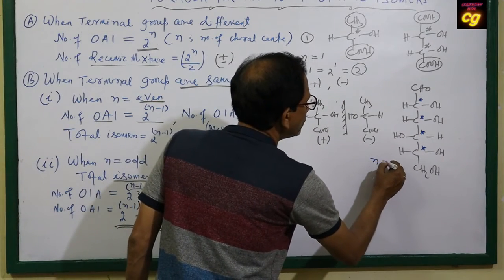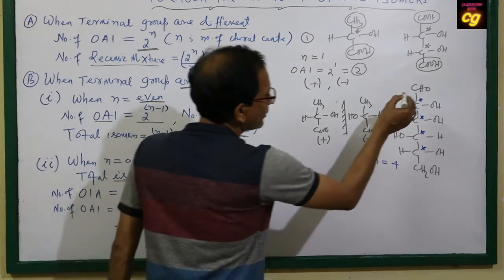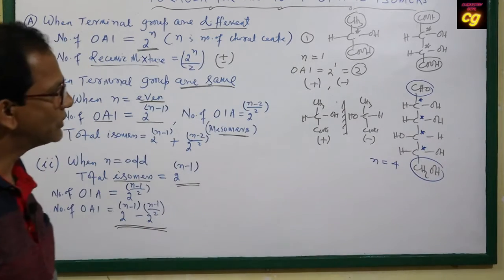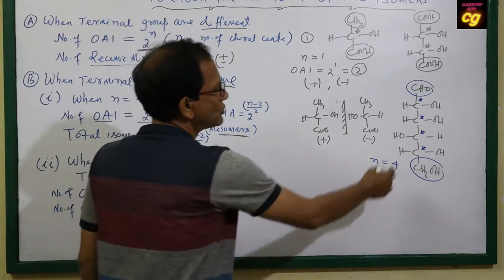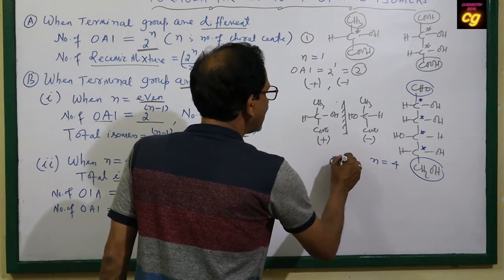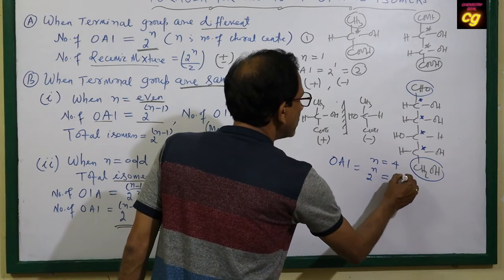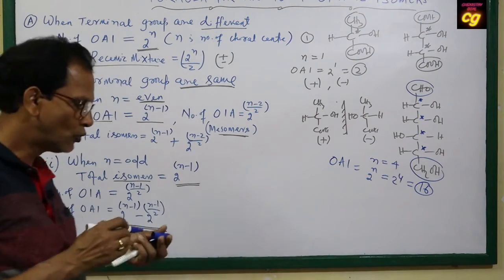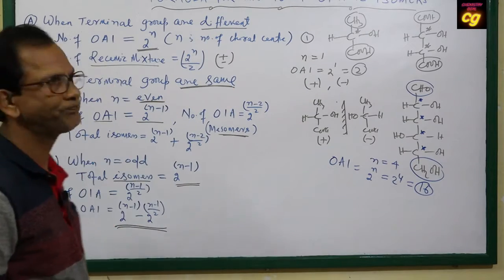Here n is equal to 4 and the terminal groups are different. So the optically active isomers will be 2^n, that is 2^4, which is 16. So glucose has 16 optically active isomers.